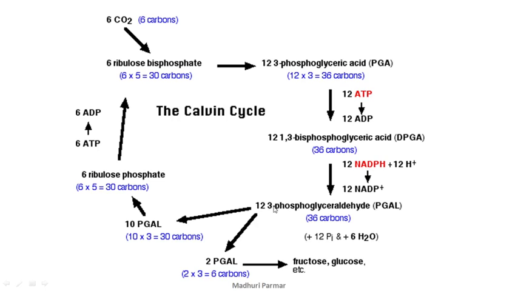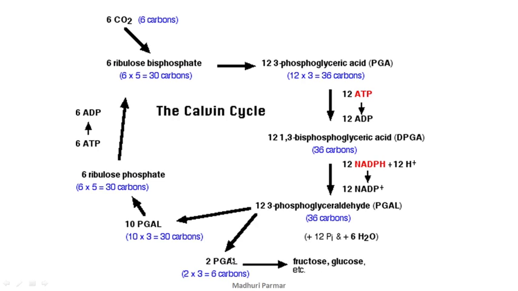From these 12 molecules of phosphoglyceraldehyde, 2 molecules will form fructose, glucose, and other sugars. Sorry, you have 2 molecules which will get converted into glucose and fructose.